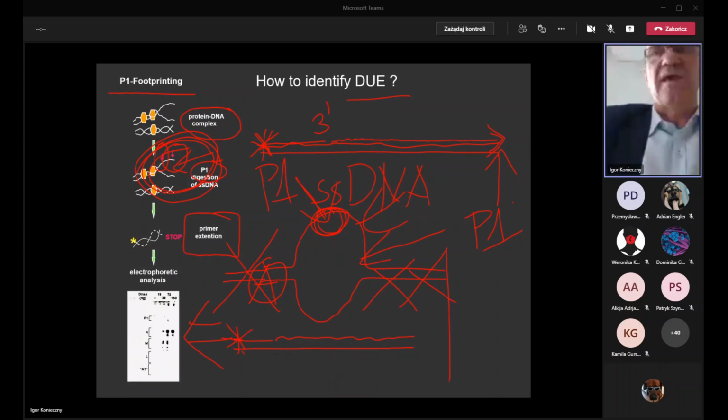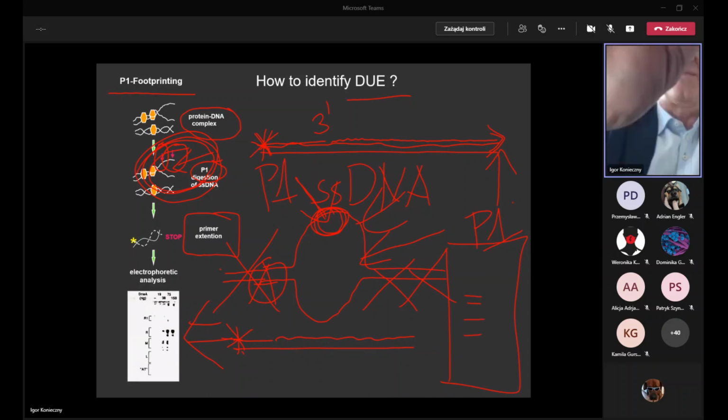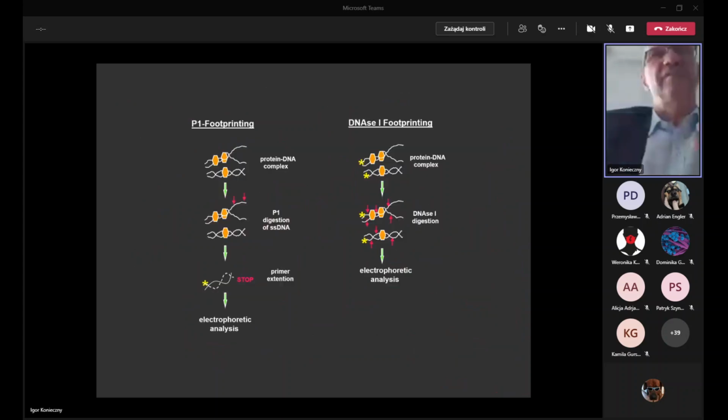Those bands represent the fragments cut by P1 nuclease, and then you can identify the length and the position of those cuts. So this is just a comparison, to make it easier to remember and understand: P1 for single-strandedness identification, and DNase 1 footprinting to identify the protein interaction site at the replication origin.